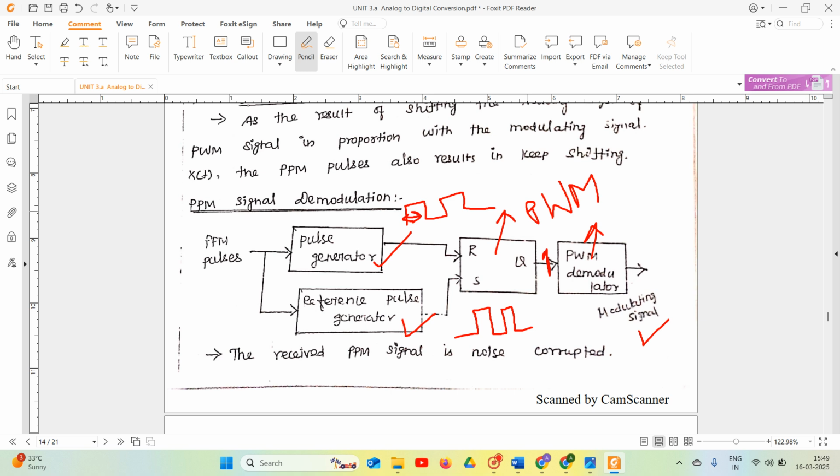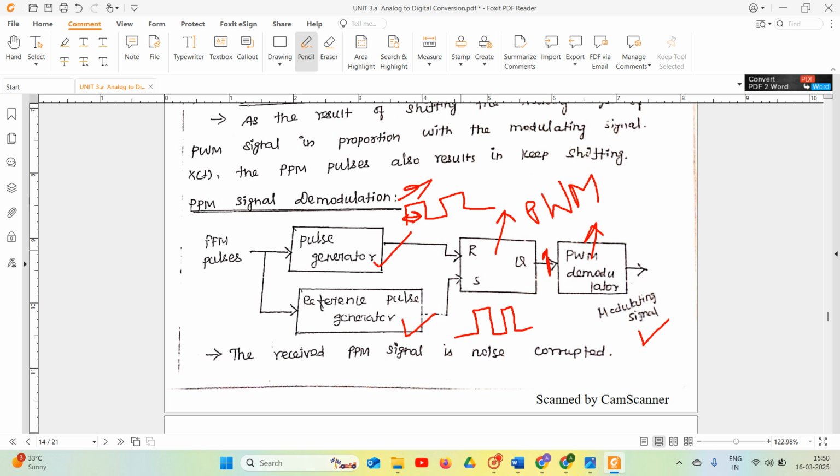Also, as the amplitude is constant in the PPM signal, we are not varying the amplitude, we are just shifting the pulses. So the transmission power is also constant, because if we vary the amplitude, the transmission power gets varied. Here the amplitude is constant and contains no user information, so the transmission power is constant.